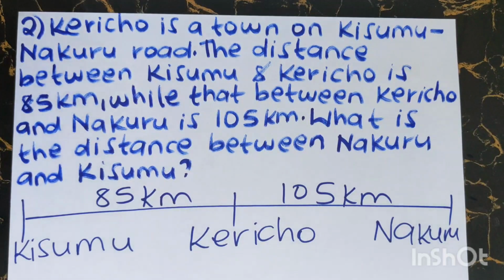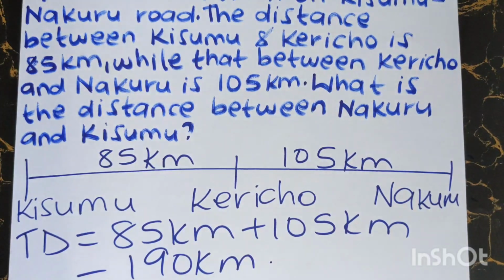So the total distance in our case is 85 kilometers plus 105 kilometers, which is 190 kilometers. So we can comfortably conclude that the distance between Nakuru and Kisumu is 190 kilometers, okay? So that was quite easy and fun, right? Exactly. So I'll stop there for today.